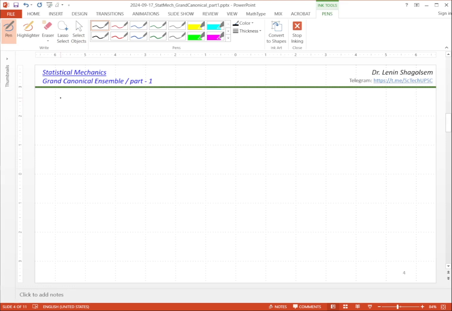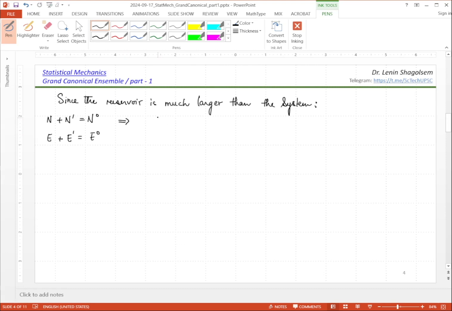Since the reservoir is much larger than the system, the above relations in equation 1, n plus n dash equal to n naught, and E plus E dash equal to E naught, we can write as follows: n by n naught is 1 minus n dash by n naught, which is much less than 1.